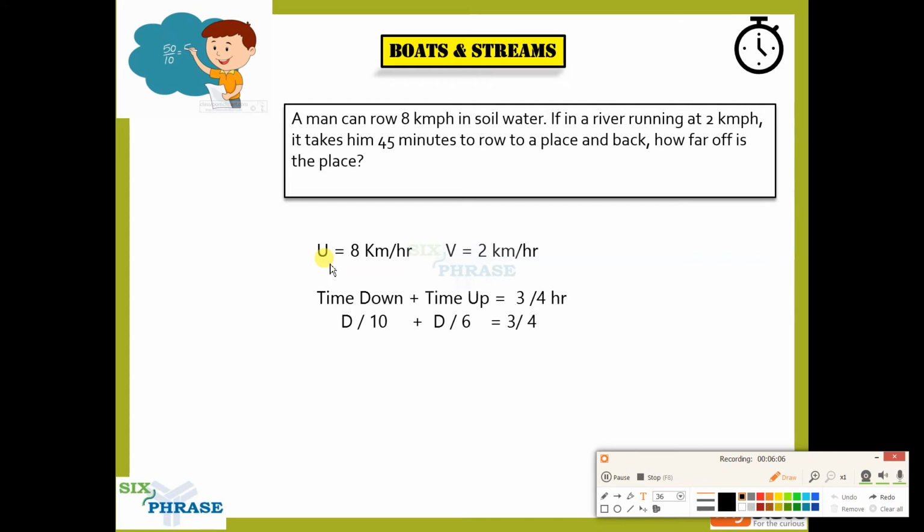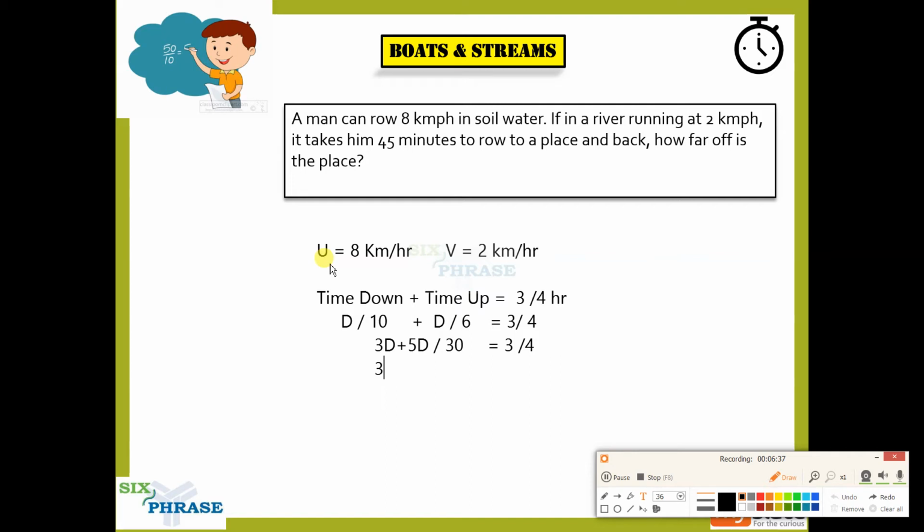I think you'll get the LCM of 10 and 6 to be 30, so 3d plus 5d divided by 30, right? And this will be equal to 3 by 4. So you will have 8d, and 4 comes here.